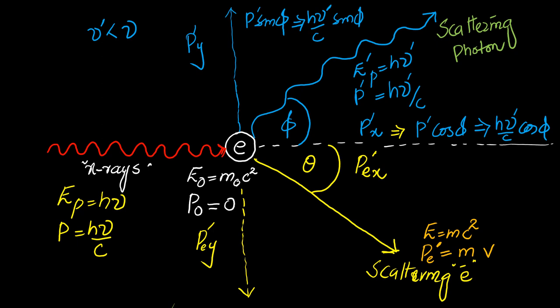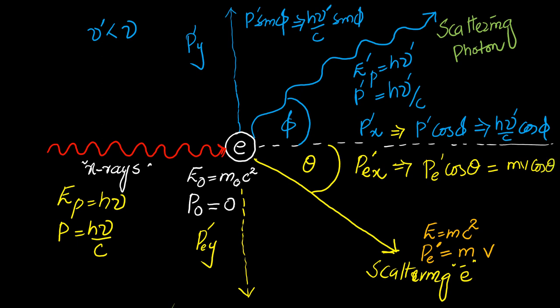Similarly, we can write the momentum of the electron along the x-axis as p e x, which can be represented with cos of theta. So the momentum along the x-axis, p e, is equal to m into v, and it can be written as mv into cos of theta.